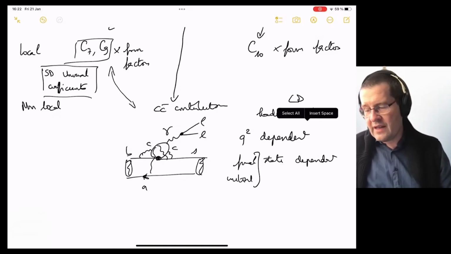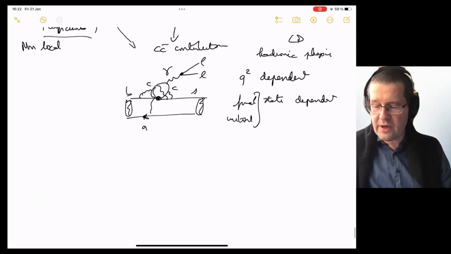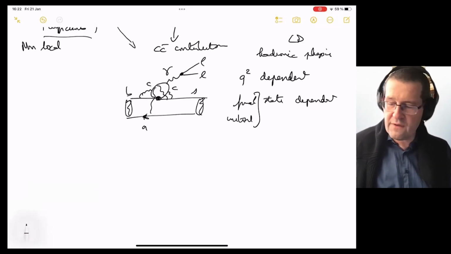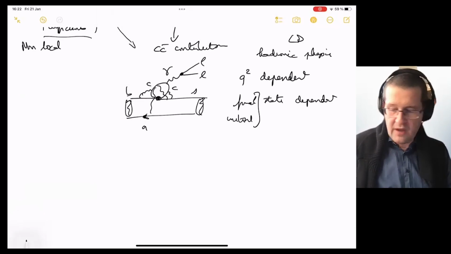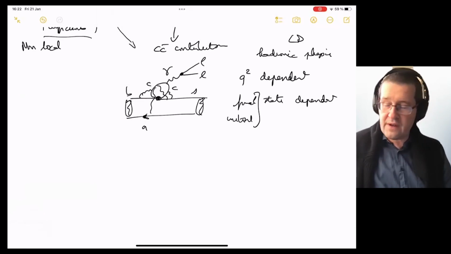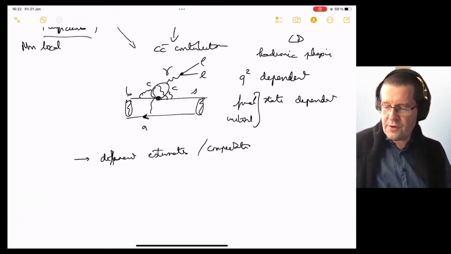It doesn't mean that you can neglect it. It just means that it has different properties compared to what you had before concerning the short distance coefficients C7 and C9. And actually, I'm not going to dwell on that, but you have different estimates or computations of these contributions that are present.